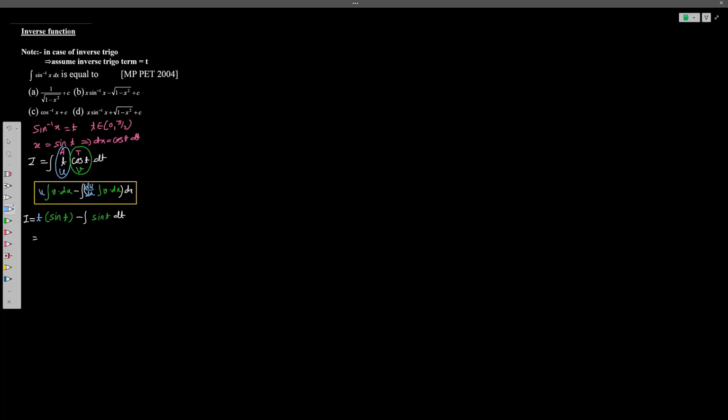So here your first term will be as it is. In the second term, integration of sin t will be minus cos t. So this will become plus cos t plus c.